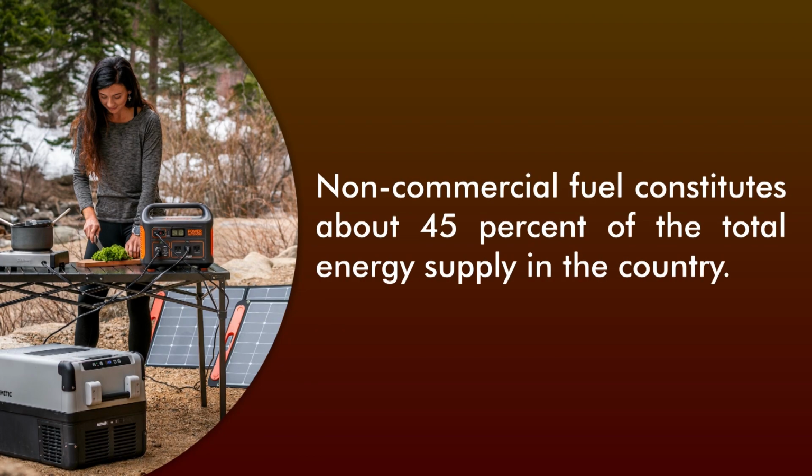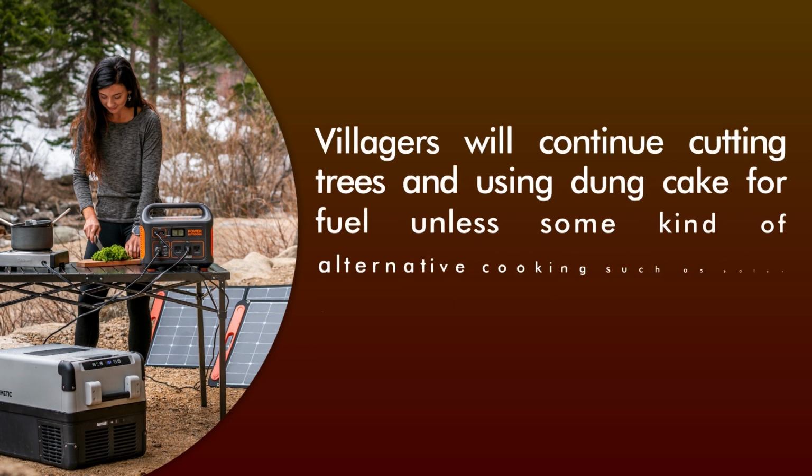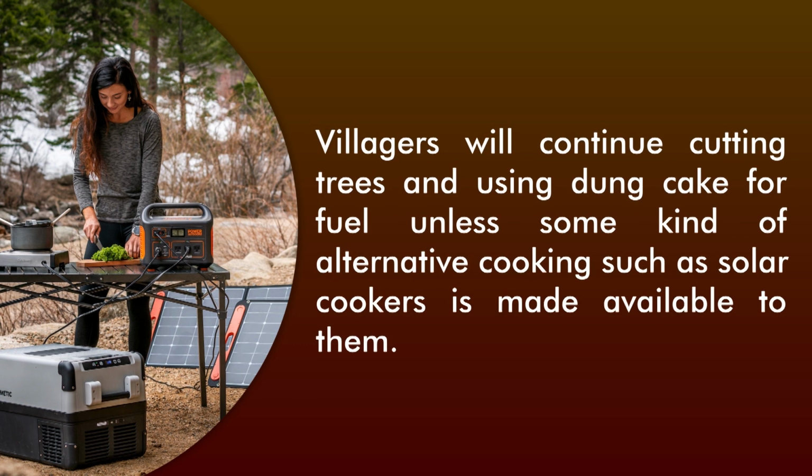This non-commercial fuel constitutes about 45% of the total energy supplied in the country. People will continue cutting trees and using dung cake as fuel unless some kind of alternative cooking, such as a solar cooker, is made available to them.